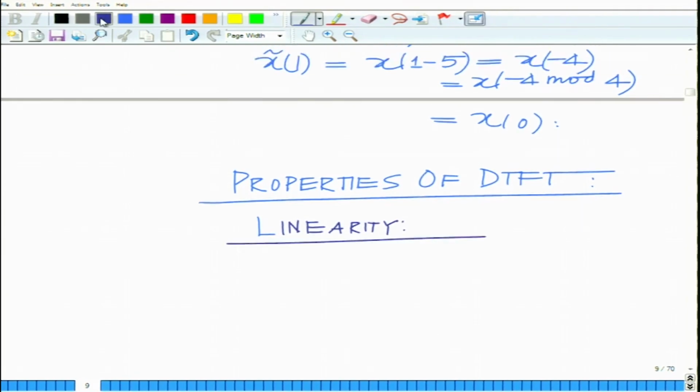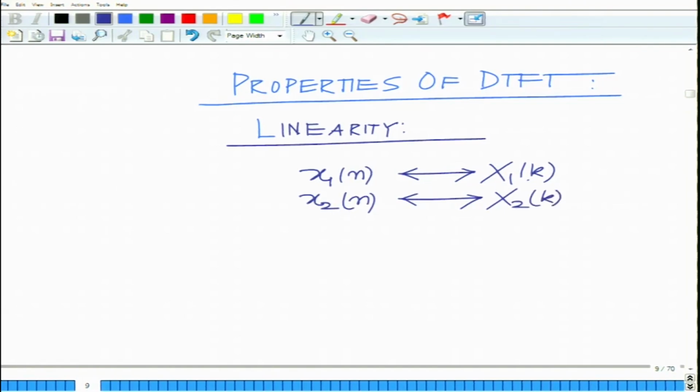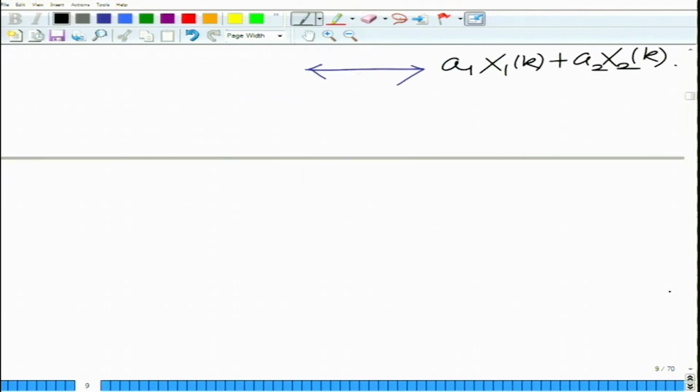Linearity tells us that if x1[n] has the DFT coefficients X1[k] and x2[n] has the DFT coefficients X2[k], and both have the same length, 0 ≤ n ≤ N−1, then A1 x1[n] plus A2 x2[n] has the DFT A1 X1[k] plus A2 X2[k]. This is the linearity which we have seen many times before.